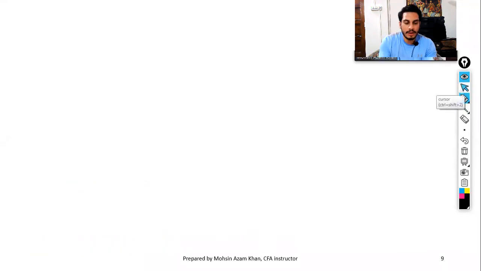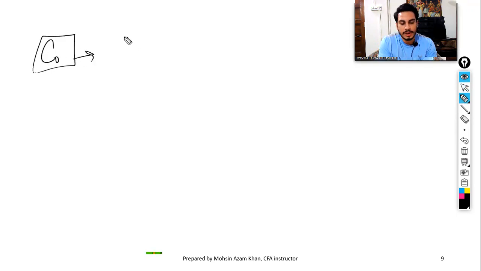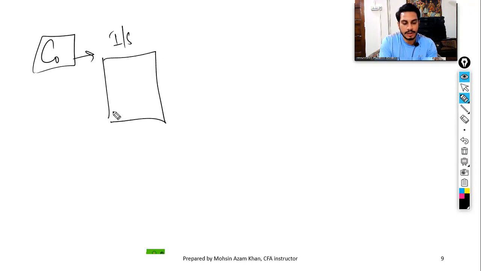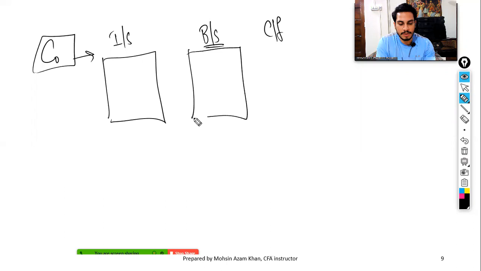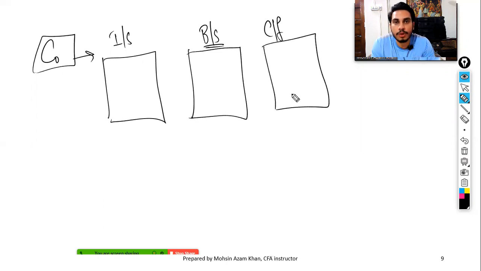A company reports many statements, such as the income statement, which shows revenue, cost of sales, less expenses. There is also the balance sheet, and the cash flow statement. These are the statements that the company prepares and reports to its owners, shareholders, or investors.